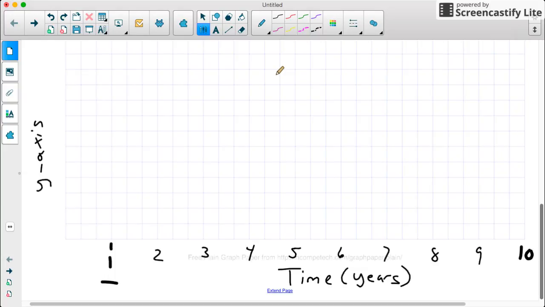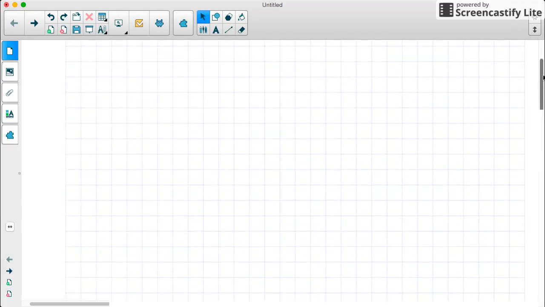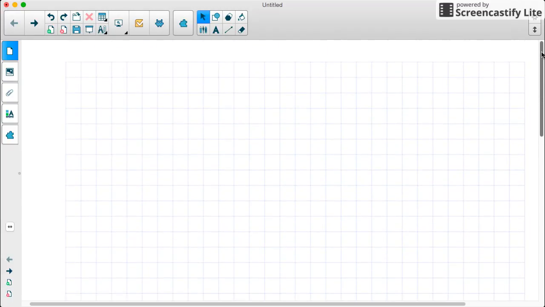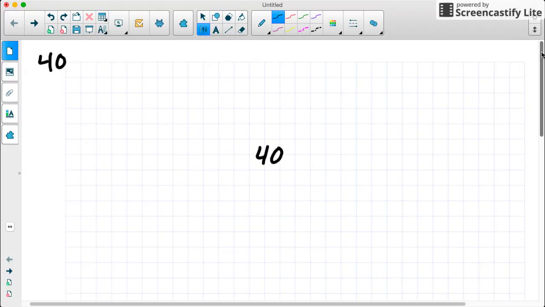This right here is the y-axis, and that's where we're going to set up our scale for the deer. If you were to count it as you went up, starting with this being 1, this being 2, you're actually going to see that at the very, very top, this right here would be 40. So what we have is 40 lines. Our maximum number of deer is what we want to look at because we want to be able to fit it in.